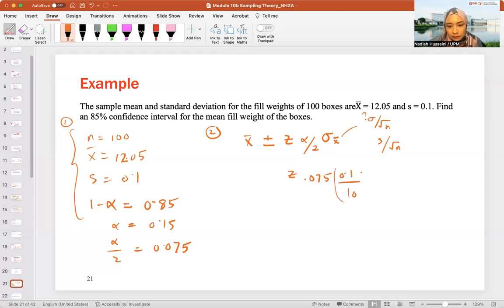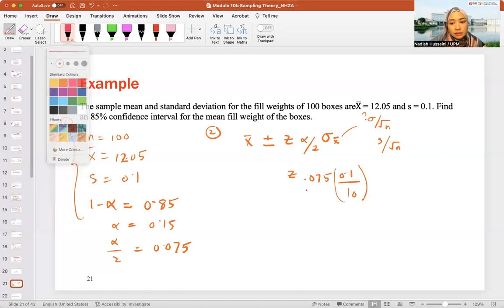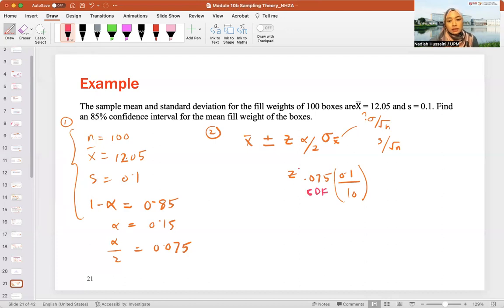Okay, so leave this guy first. Let's go for this one first. Z of 0.075. Okay, so this is the value of your CDF. And we want to know what is the actual value of Z. This is the CDF. I want to know what is the value of Z in the table.